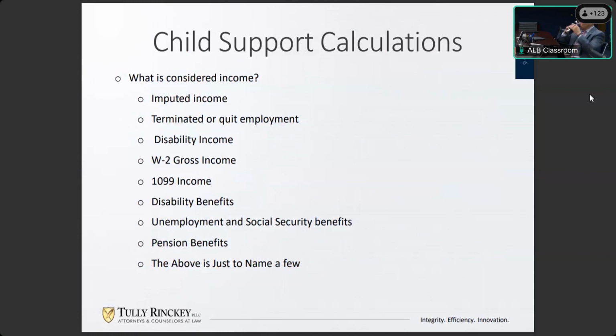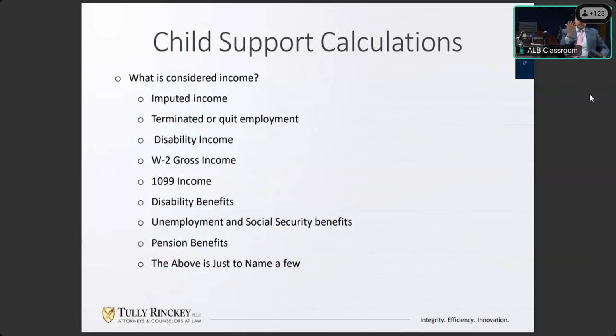Now, what is imputed income? That comes up a lot, and it can also go along with termination or quitting your job. Lots of times people call me up and they say, geez, my spouse or the other parent doesn't like paying me my child support, so they told me they're going to quit their job and go work for Burger King when they're making $50,000 a year.